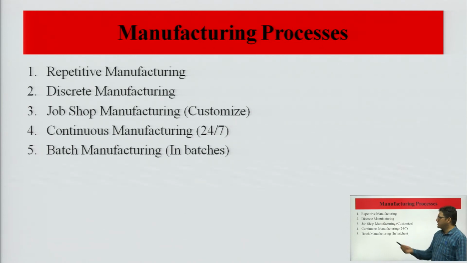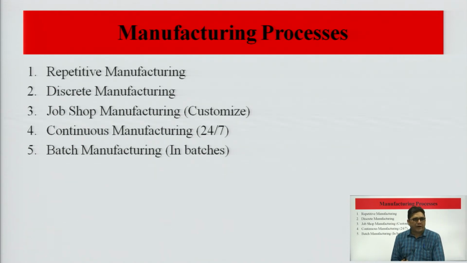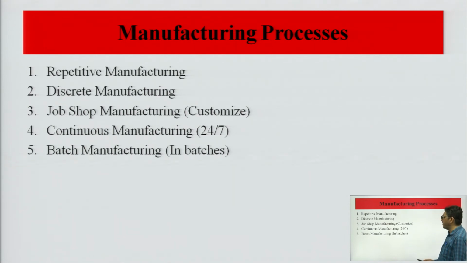So, in discrete manufacturing, probably we are going to take more time. Compared to the repetitive, we need to change and modify it, because at each stage our process is likely to change a little bit.